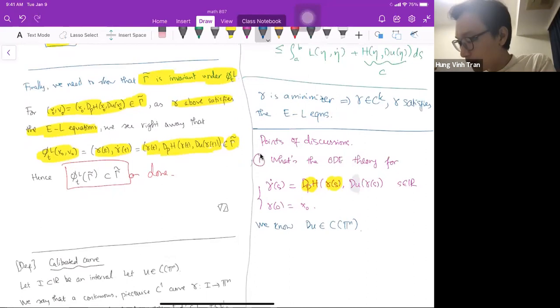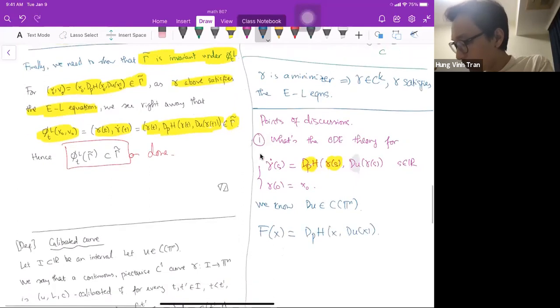If you want to make it clearer, you can define the vector field f of x to be dph of x, dux. That's exactly that. Then again, as du is only continuous, we only have that f is a continuous function in the torus.